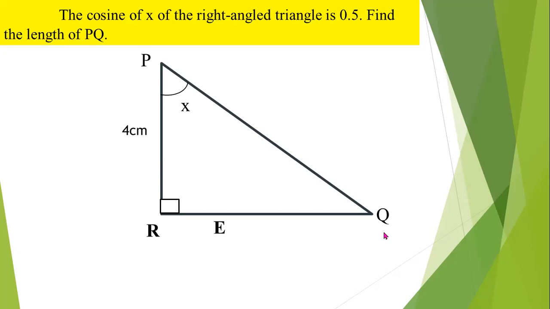The cosine of x of the triangle is 0.5. Find the length of PQ. So you are given the cosine of x, which is 0.5.